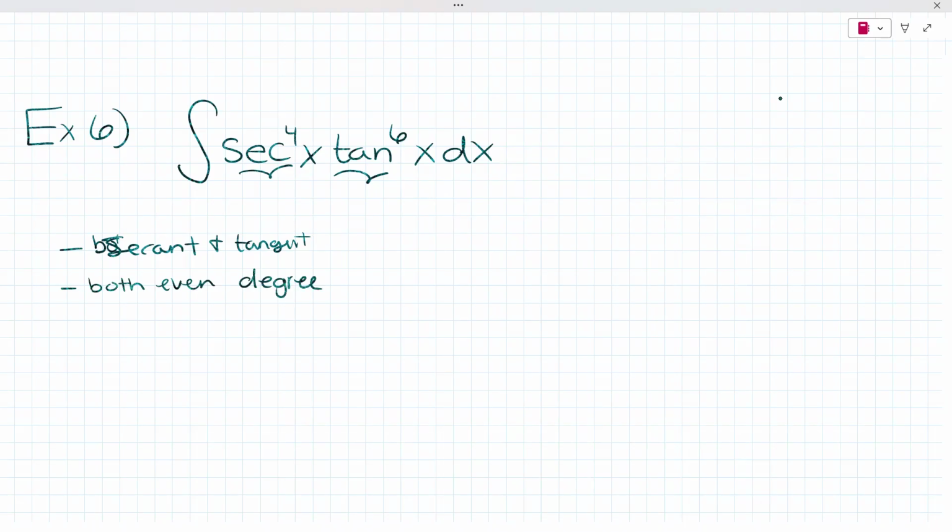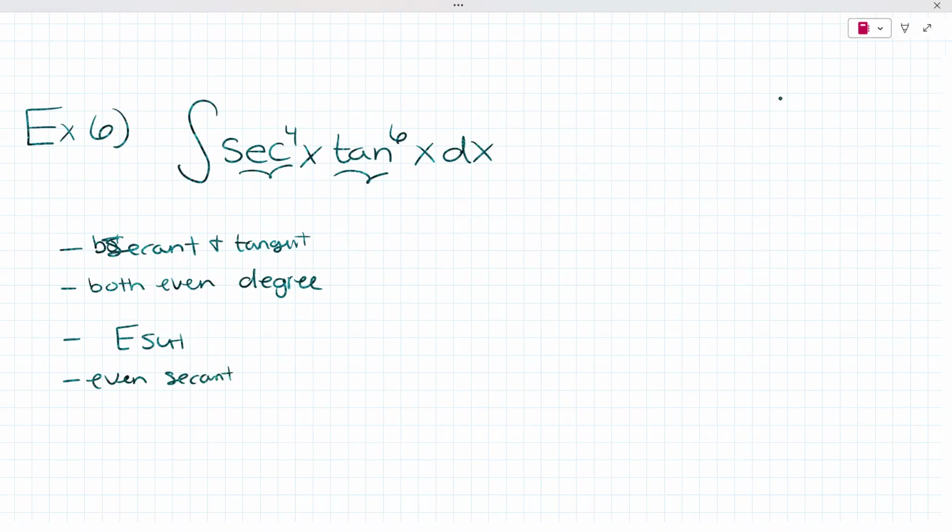So if we're both even, we're going to use even secant, or the B set.